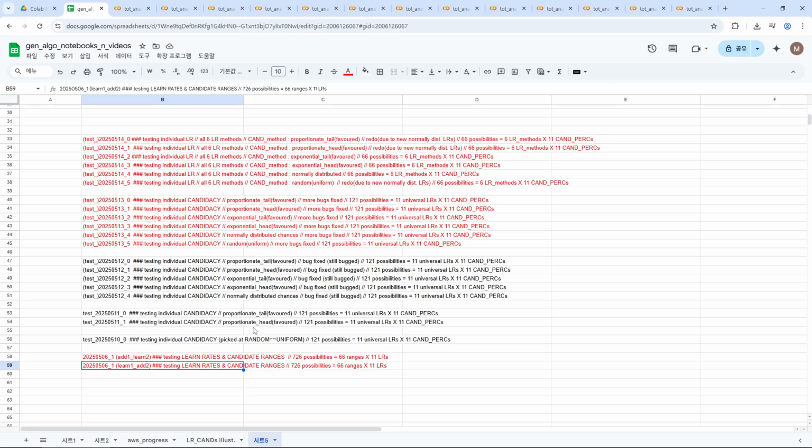Those two options were: the newborns would be added first, and then the learned candidates would be given the chances to learn from the top 10% entities.